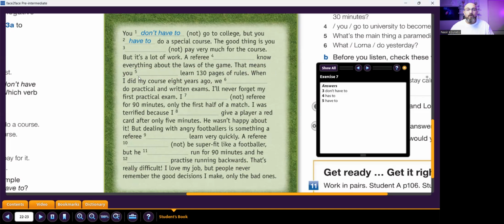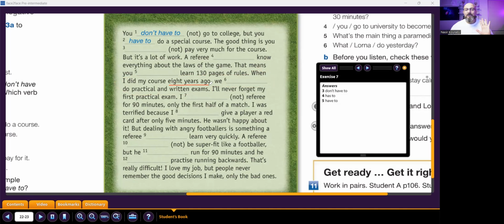Okay. When I did my course, let's see, when I did my course 8 years ago, we do practical and written exam. So do I have any signs for past? Yes, I have. 8 years ago.